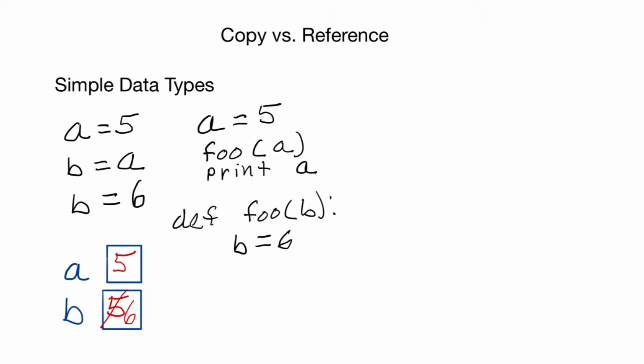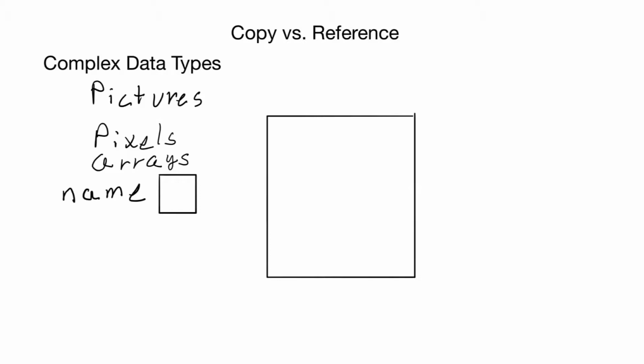Now that works well for simple data types like numbers, strings, and floating point numbers because we can store the information inside of this box that is set aside to store the value of a variable. But with more complex data types like pictures, pixels, and arrays, the information cannot be stored in a simple box like this.